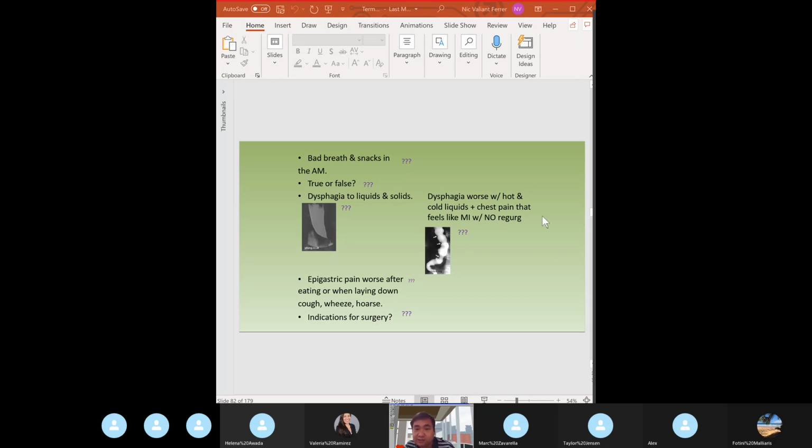Next, on the right, there's an image. Dysphagia, worse with hot and cold liquids, and you have chest pain that feels like MI with no regurgitation. Look at the image, corkscrew appearance. What do you think? Achalasia?